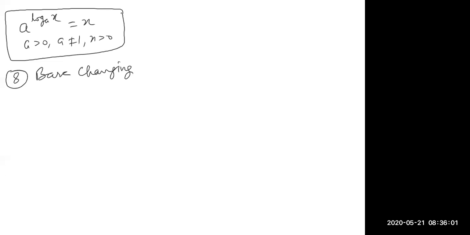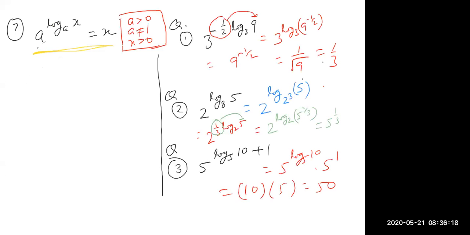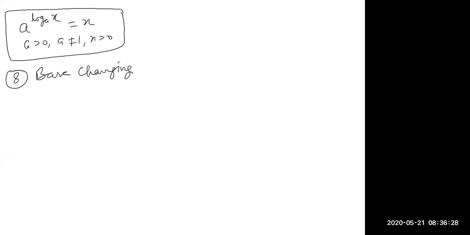Base changing property. A raised to power log a x is the seventh property, the last property I've discussed here. This a raised to power log a x is equal to x, I have just repeated that. Okay, sir. Yes, so that was the seventh property. Eighth property is base changing.